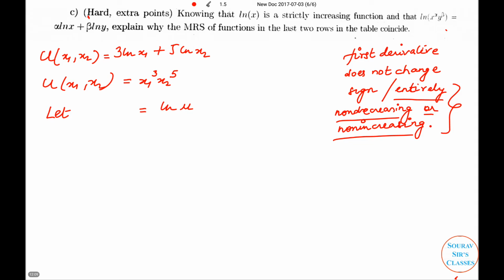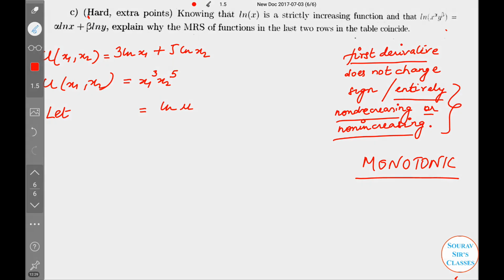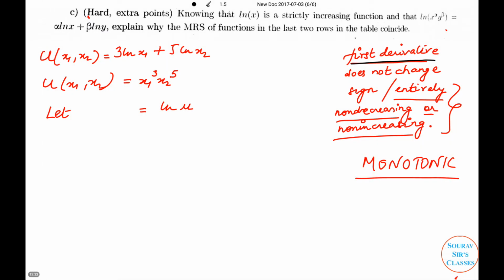So if you want to find out whether a particular function is monotonic or not, you have to look at its first derivative sign. You will derive its first derivative and you will concentrate on the sign. If the sign does not change, then it means it is monotonic in nature. Okay?